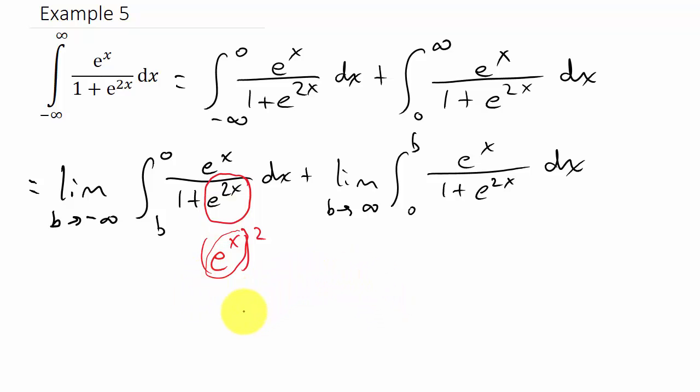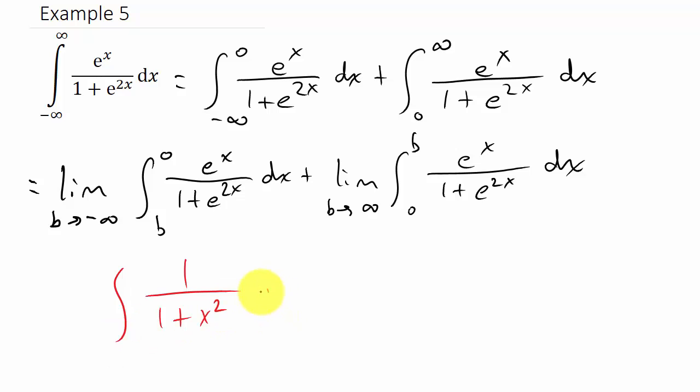Do you remember what that would be? Well, remember that the integral of 1 over 1 plus x squared is equal to arctan x plus c.